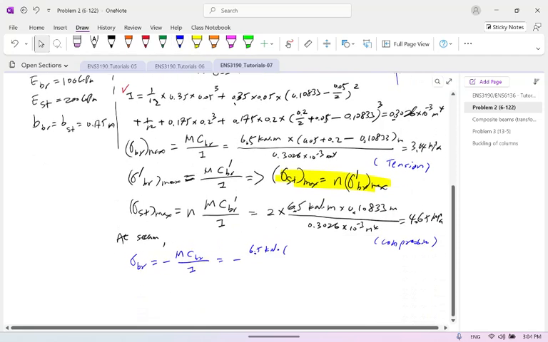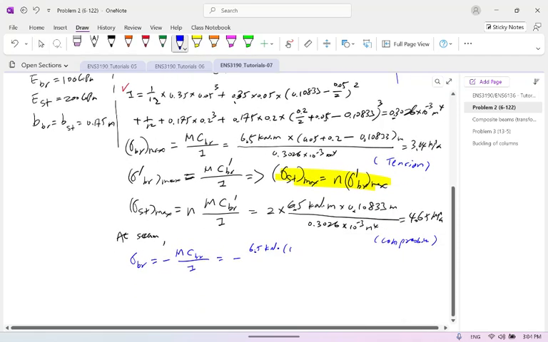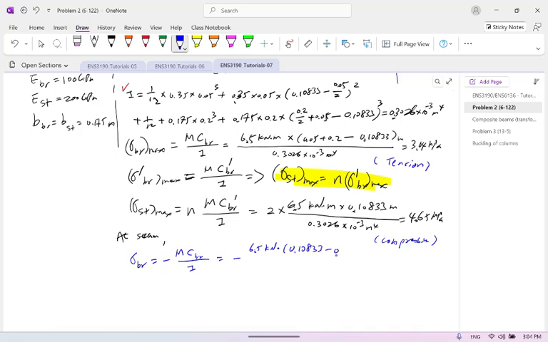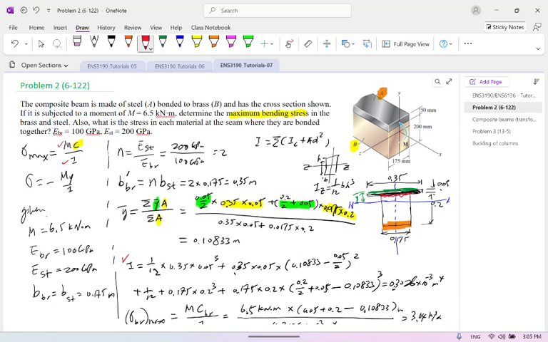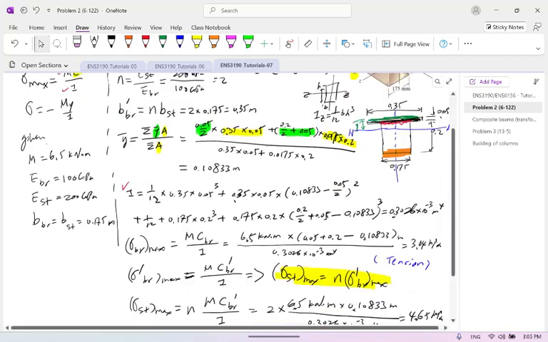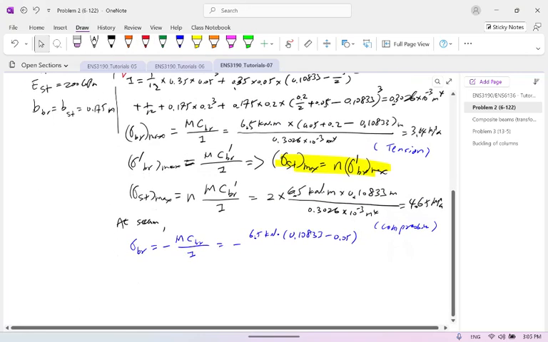So that's why from here, we can work out 0.10833 minus 0.05. So that's the distance, I show it in color here. Okay, you should know how to get the location. So from here we can get it.